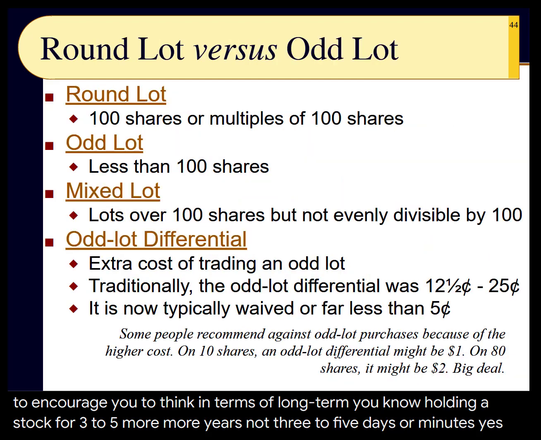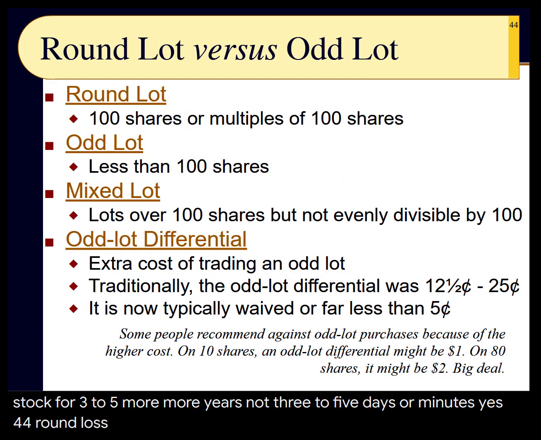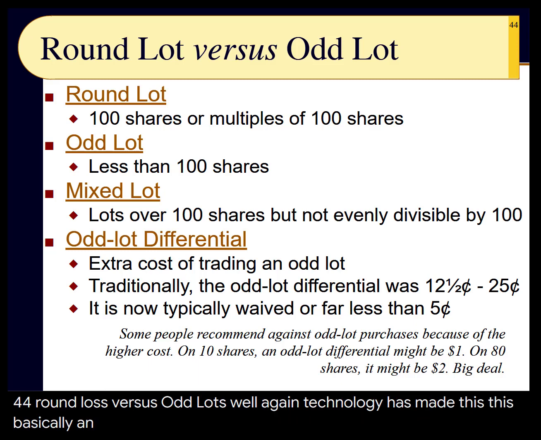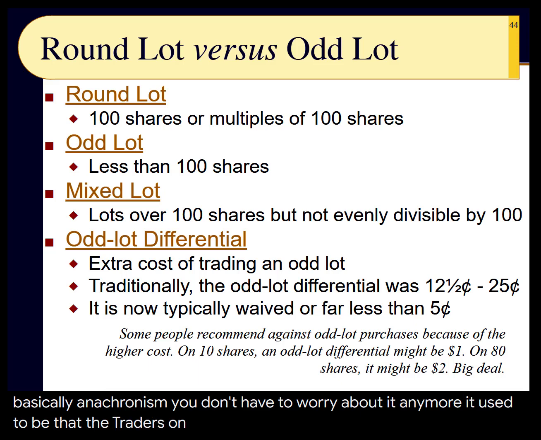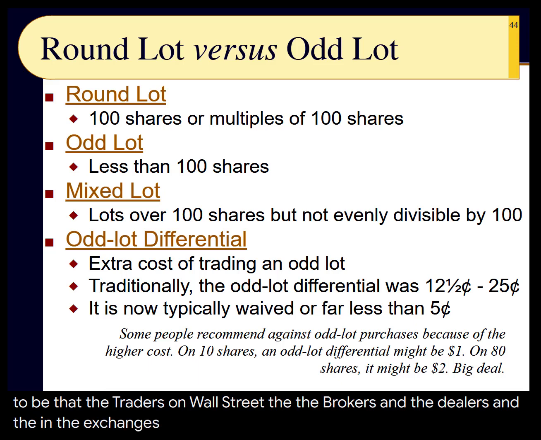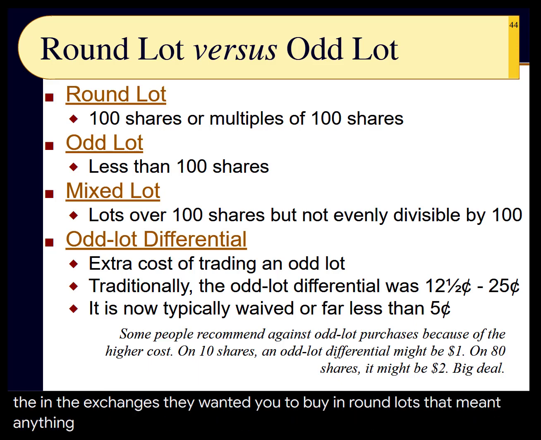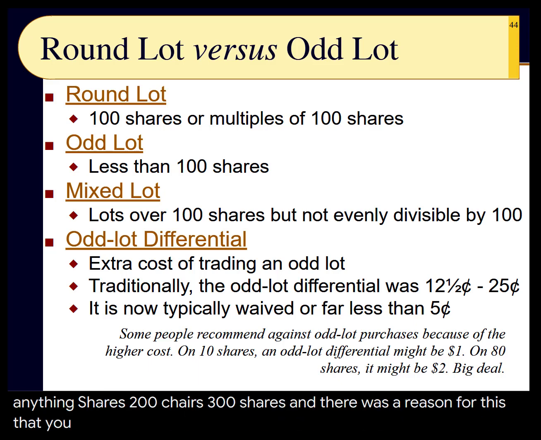Yes, round lots versus odd lots. Well, again, technology has made this basically an anachronism, and you don't have to worry about it anymore. It used to be that the traders on Wall Street, the brokers and the dealers and the exchanges, wanted you to buy in round lots. That meant anything with 100 shares, 200 shares, 300 shares. And there was a reason for this that you may be interested in.